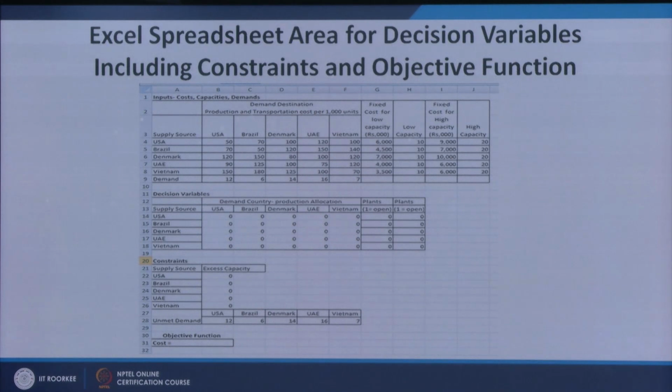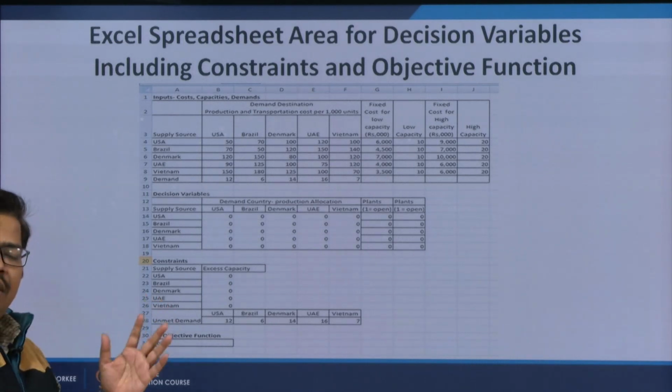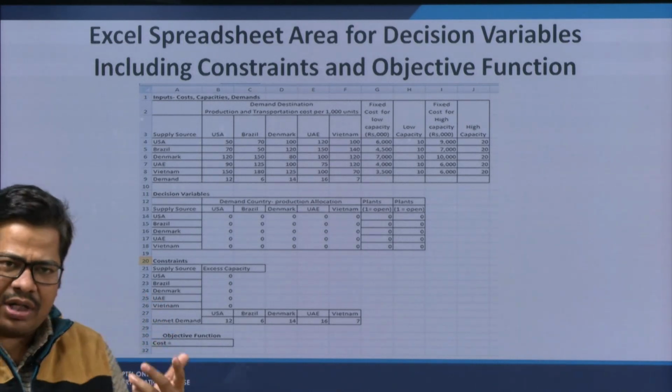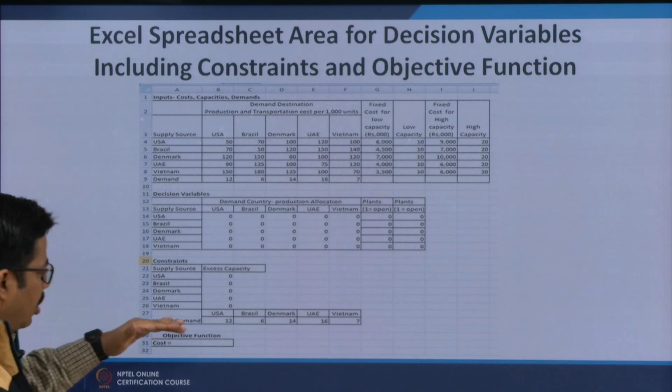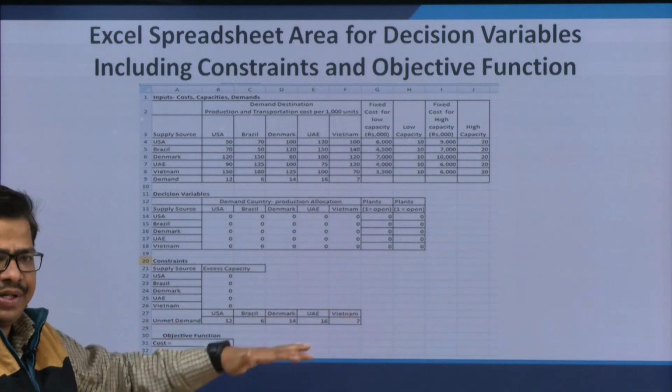Now, in our last session we discussed briefly about the constraints also. So, here we will discuss in slight detail about these constraints. When we were developing the model in the last session, if you remember, there are two types of constraints. One is that we want to fulfill 100% demand of each of my demand destinations.